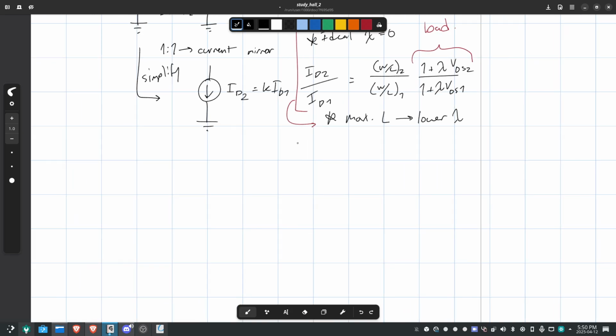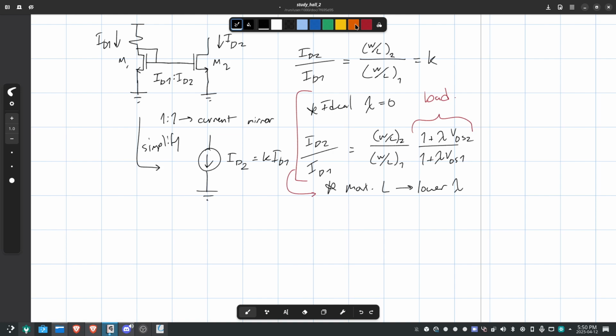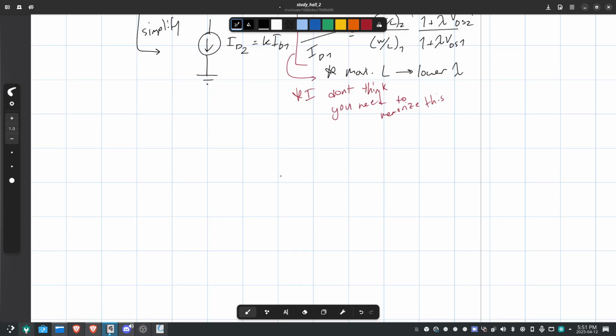That's what I'm saying. I've never seen them use it, so I'm just going to note here I don't think you need to know this. It's just maximize your L. Don't have a super low L if you're given the option.